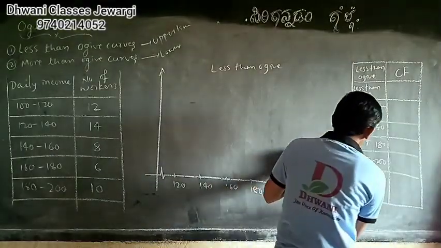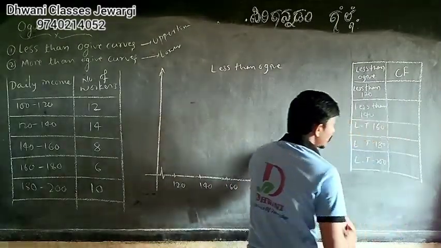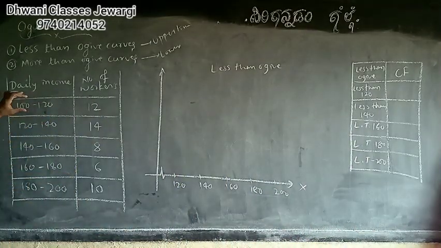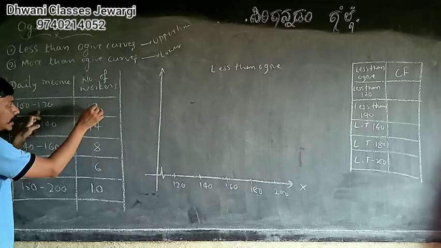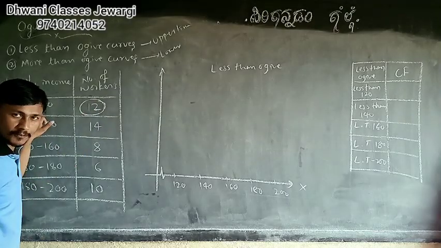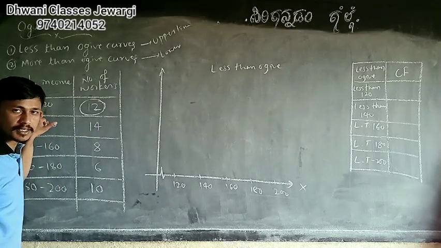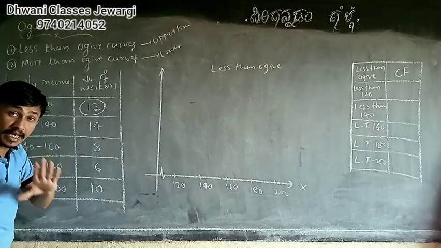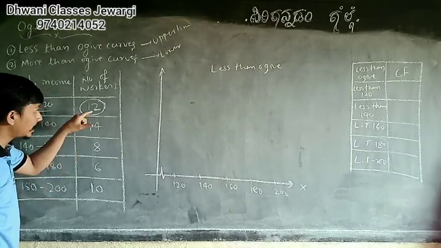Now the cumulative frequencies. Look at the question. Less than 120, there are 12 workers. The number of workers having less than 120 rupees income is 12.